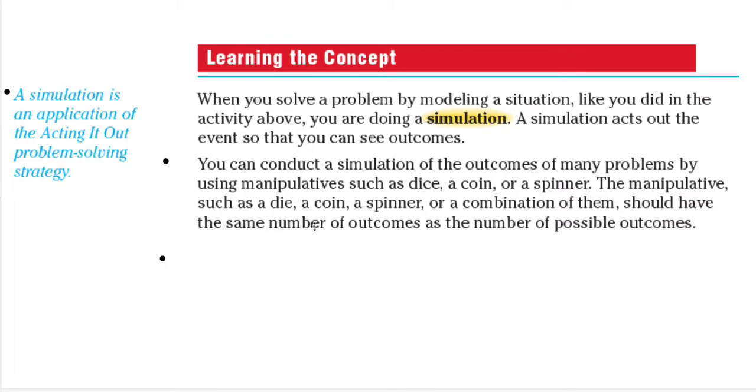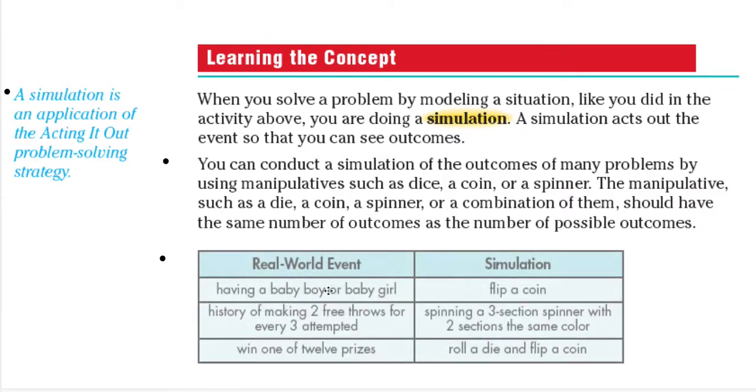The manipulatives, such as a die, a coin, a spinner, or a combination of them, should have the same number of outcomes as the number of possible outcomes. What does that mean? For example, in a real world event, having a baby boy or baby girl, there are 2 possible outcomes. So the simulation might be flipping a coin.